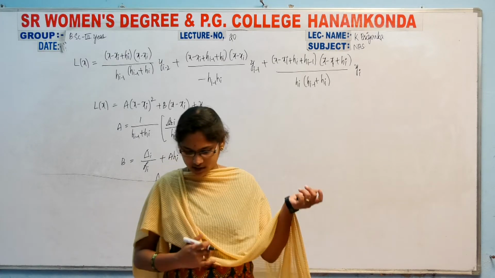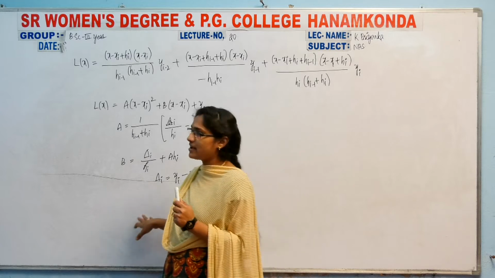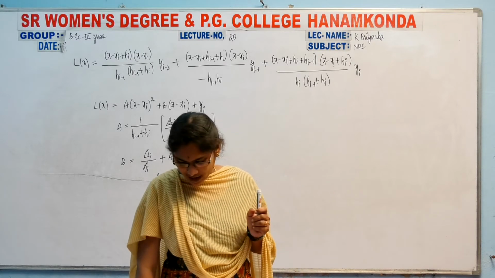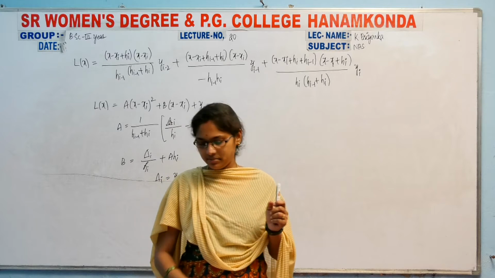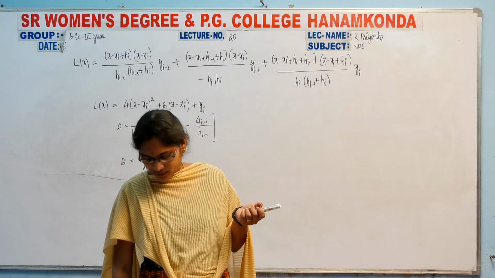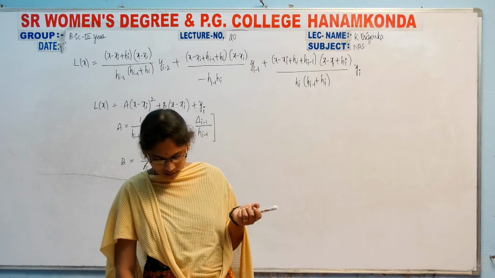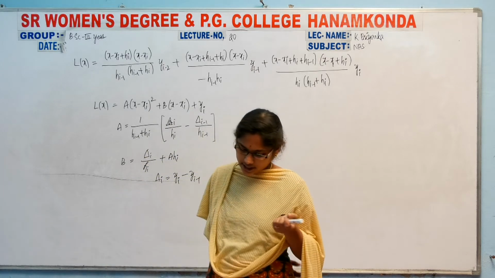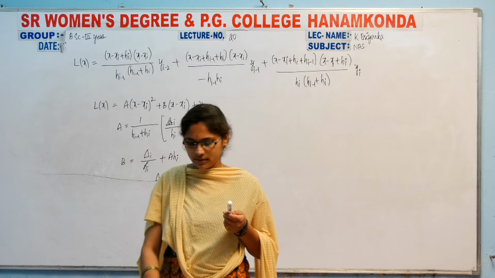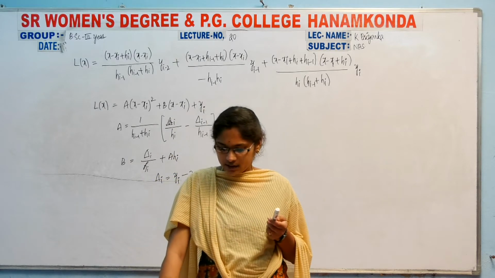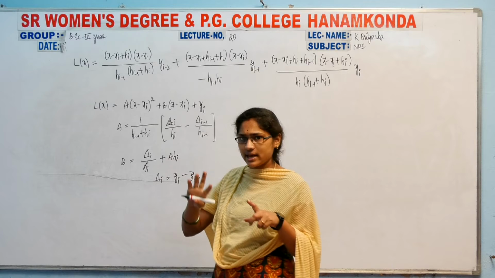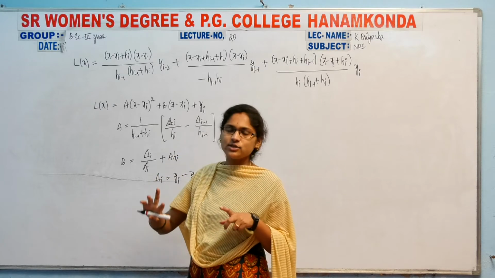Next step, step 5. From the values of capital A and b, we get the next approximation xi plus 1, because here we have xi minus 2, xi minus 1, xi.